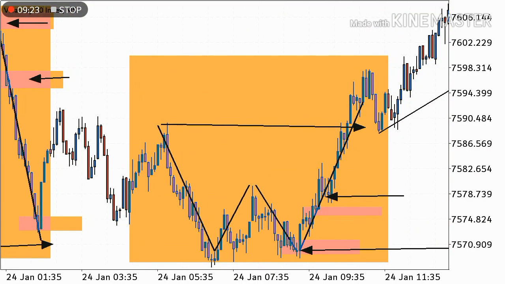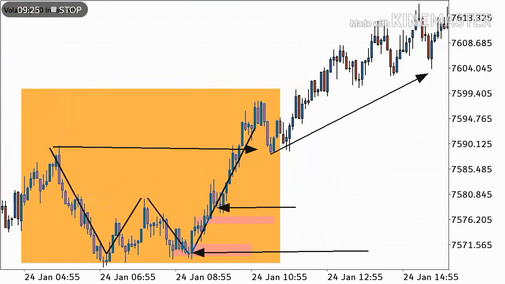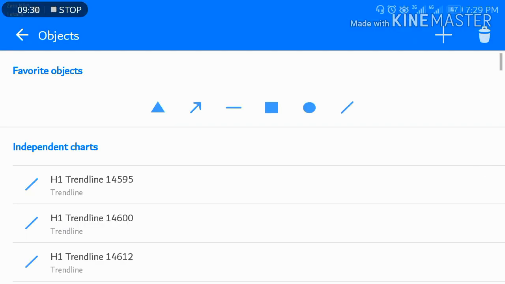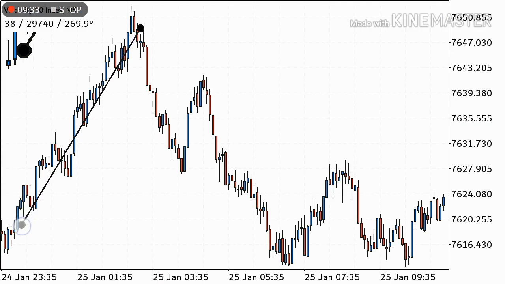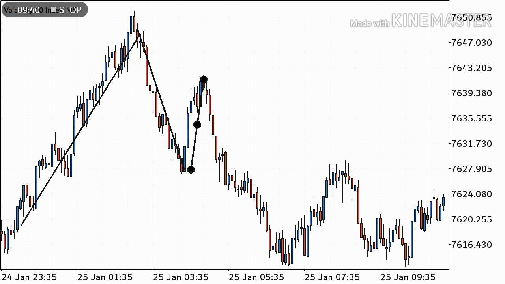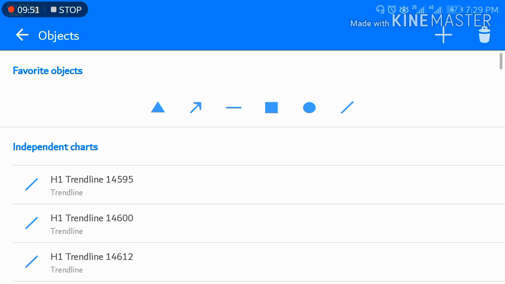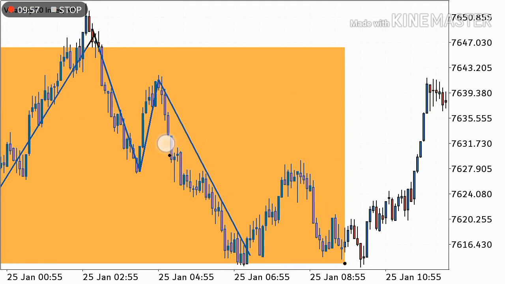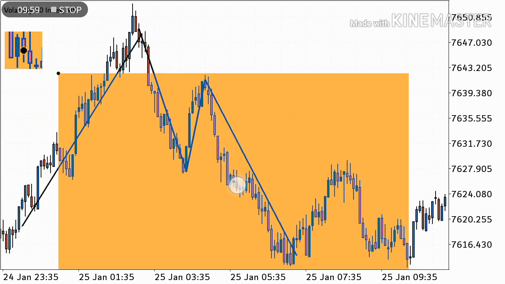Okay, look, if you focus on things, you will understand. Look here, this one, and look at this one, and that second leg here, and look how many pips in this M. M and W is a very awesome thing.